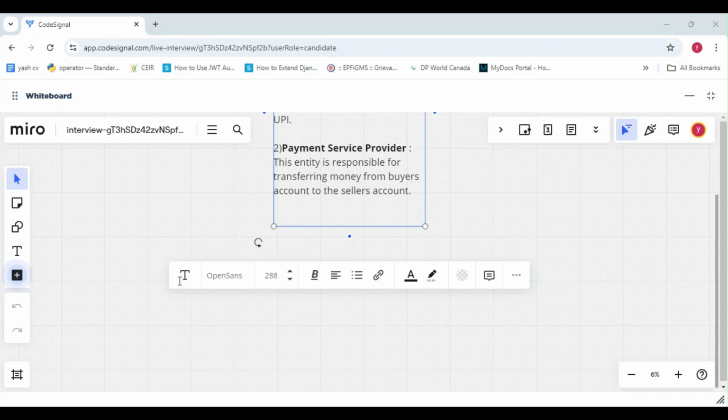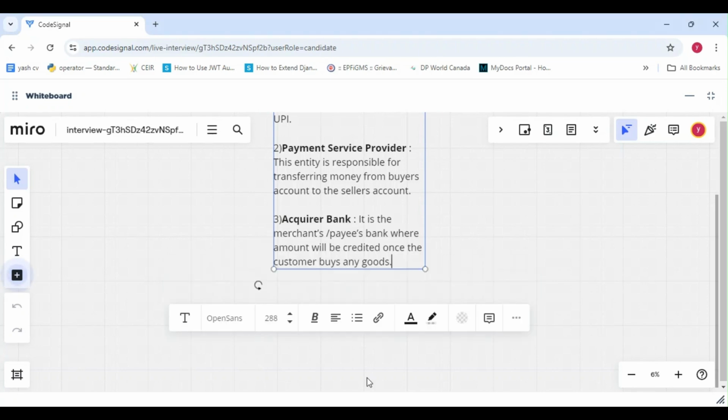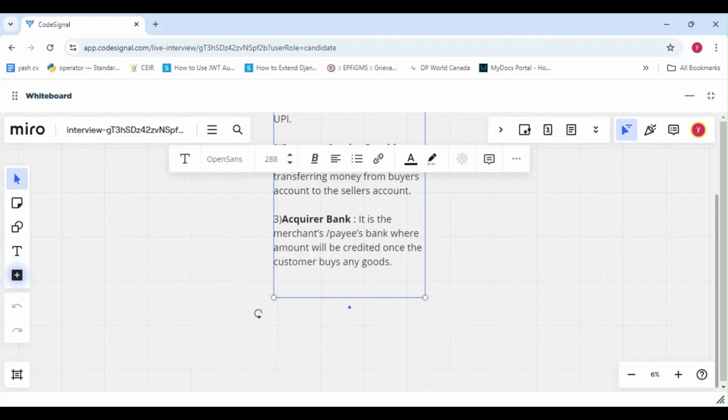The acquirer bank is basically the merchant's bank account, the merchant's bank. Then we have the issuer bank. It is the customer's bank from which the amount will be debited on purchase of any goods.